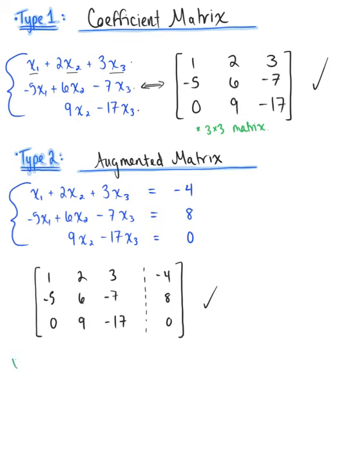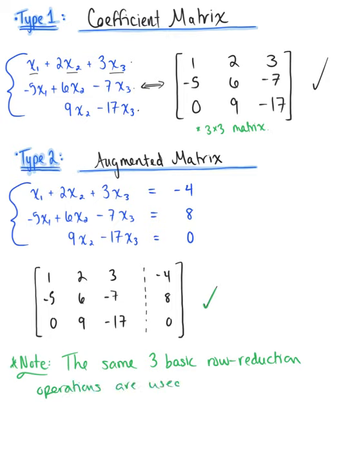And the last little note that I want to give to you before we go ahead and start looking at examples is that solving an augmented matrix or a coefficient matrix uses the same 3 basic operations that we saw with linear equations. So we can say that the same 3 basic row reduction operations are used to solve matrices, or to solve a system in matrix notation.